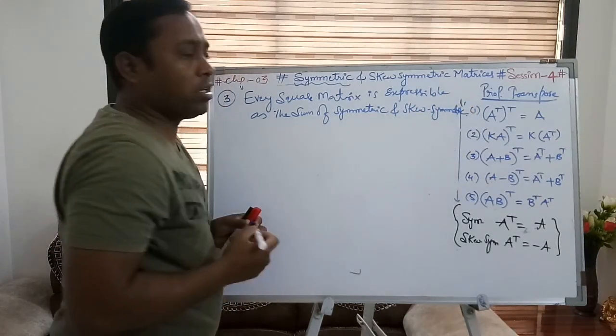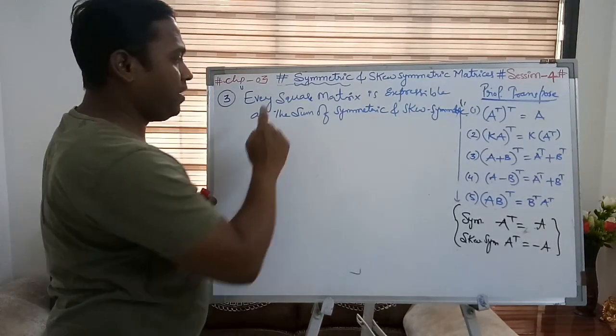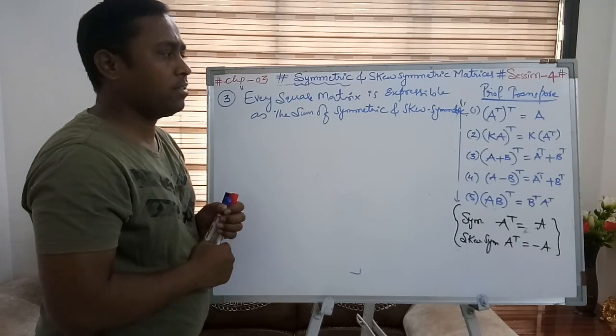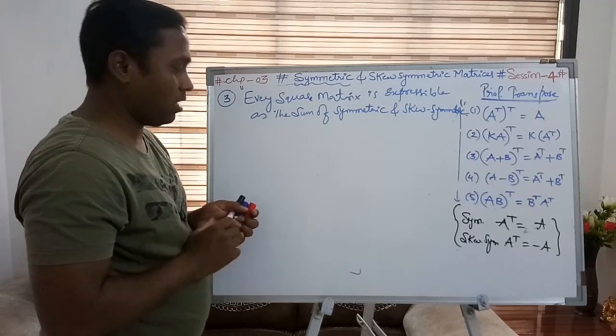Carefully read the statement. What does it state? Every square matrix is expressible as a sum of symmetric and skew symmetric.